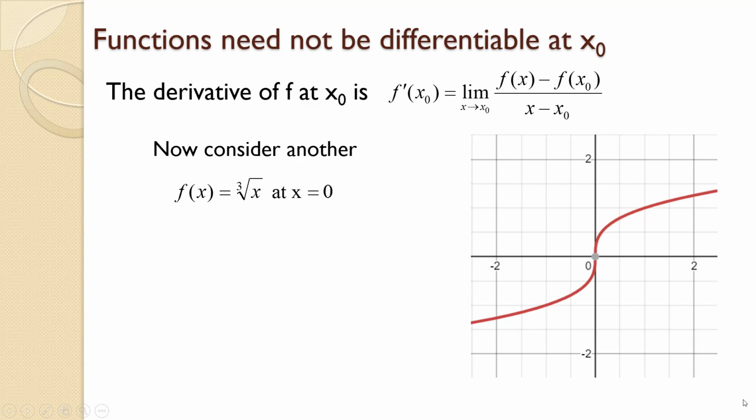Let's consider a new function. The cube root of x winds up being differentiable pretty much everywhere but at 0. And the easiest way to see that is just, once again, to crank out the limit. So if we take the limit as x approaches 0 of the cube root of x being the function minus the cube root of 0 all over x minus 0, that would then be the limit as x approaches 0 of the cube root of x all over x.